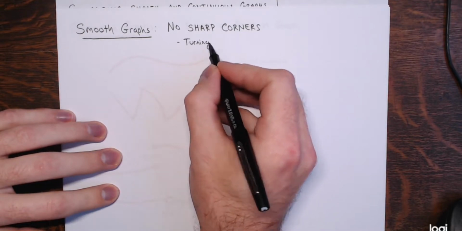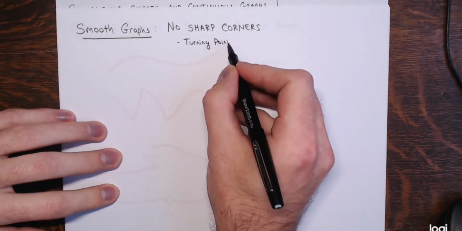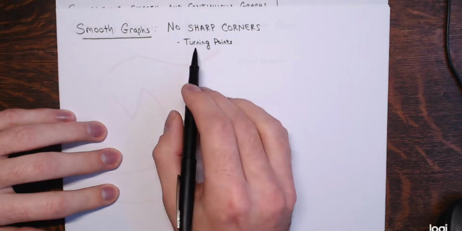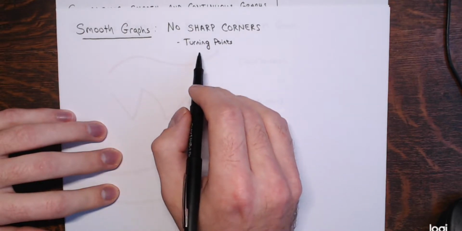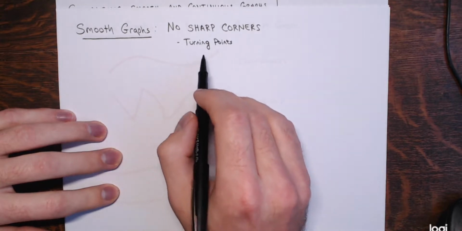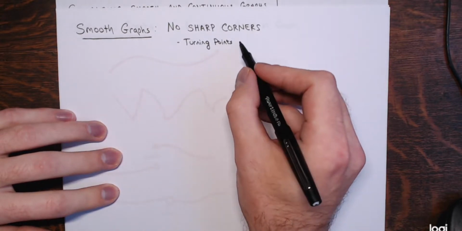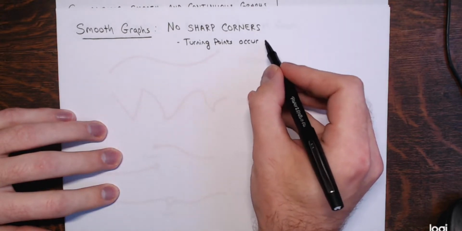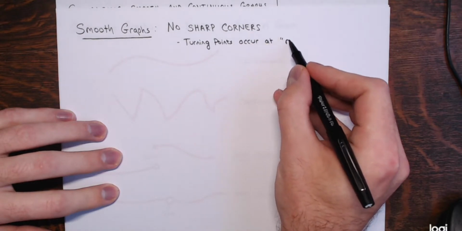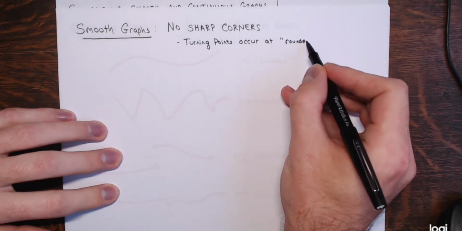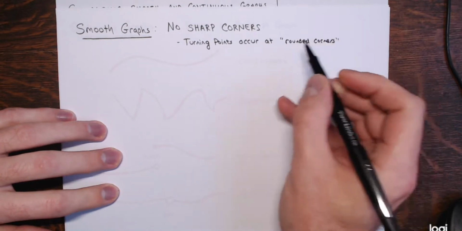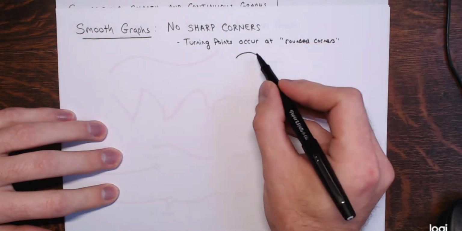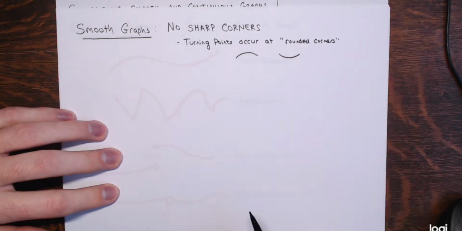and I've brought up turning points in a previous video. Remember, a turning point is where a function or a graph goes from increasing to decreasing, from going up to going down. Turning points occur at rounded corners. So like this or like this, but no sharp turns.